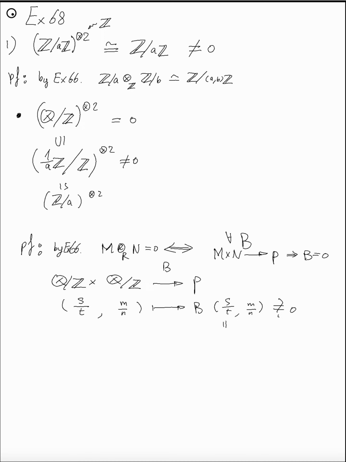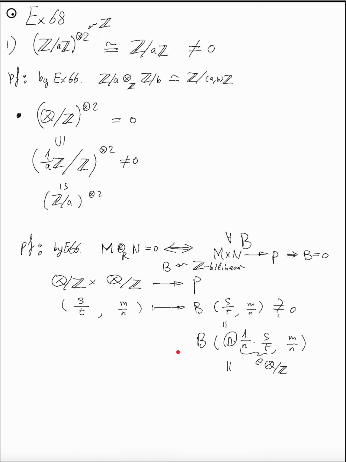Right, but notice the only thing we use is Z bilinear map. And so this is the same as n times 1 over n times s over t, m over n, and then you could move this n freely outside because this is always still inside Q quotient, no problem.